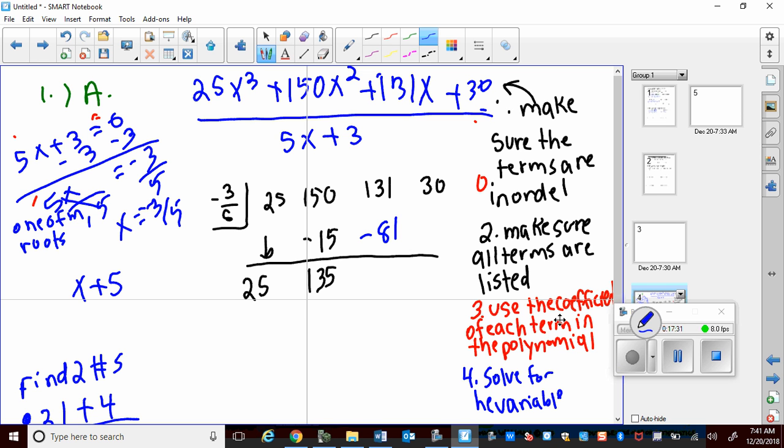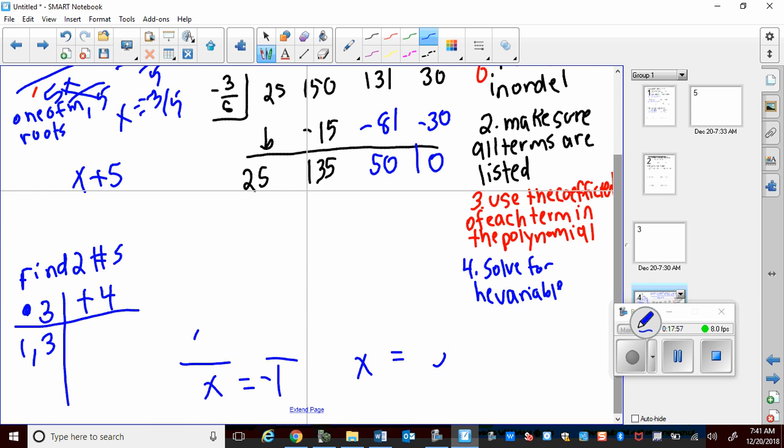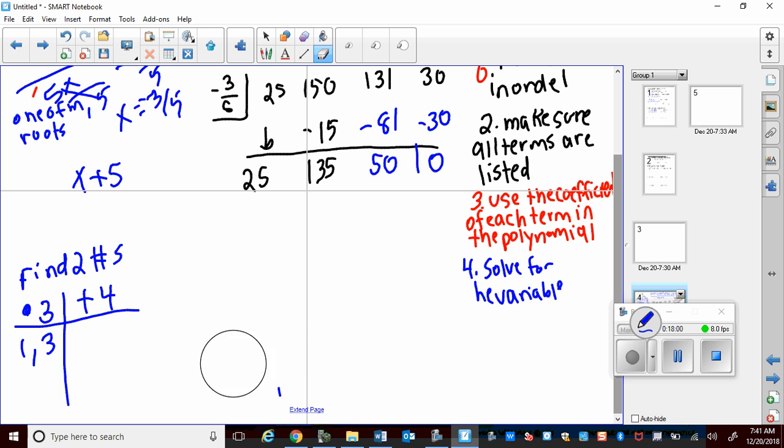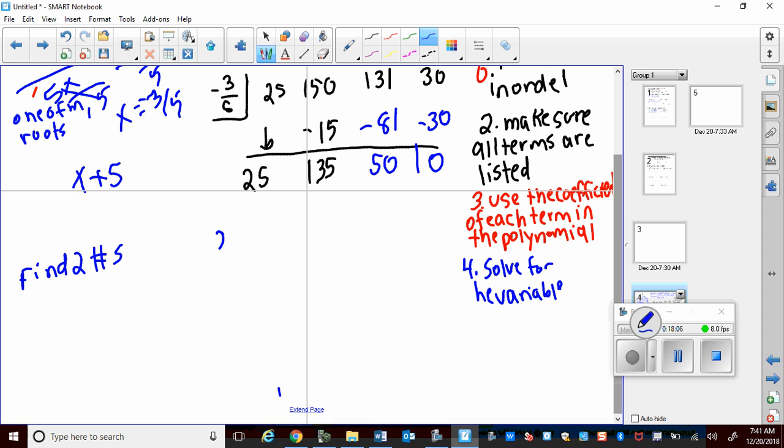Subtract this, I get 50, right? 50 times negative 3 over 5 gives me negative 30. This comes down and I get 0. So what I ended up with here, in the same situation, is finding two numbers that add up to a number and multiply to a number. So what I end up with is 25x squared plus 135x plus 50.